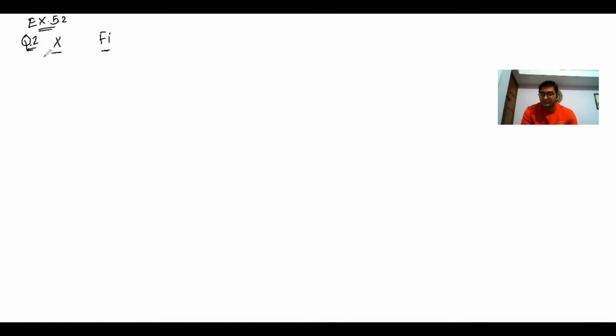Here they have presented less than 100, less than 300, less than 500, less than 700. It means the first class, for less than, I have to start from 0 to 100. Then they provided less than 300, it means 100 to 300.